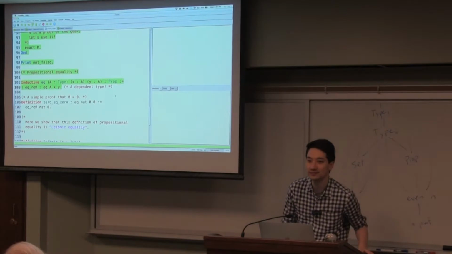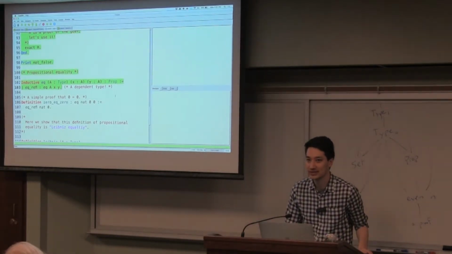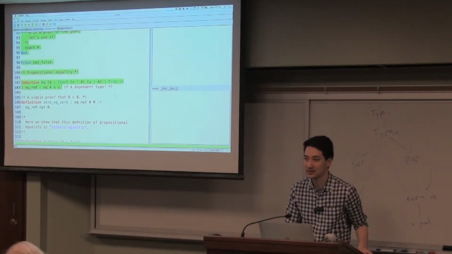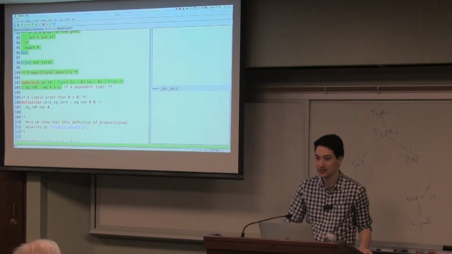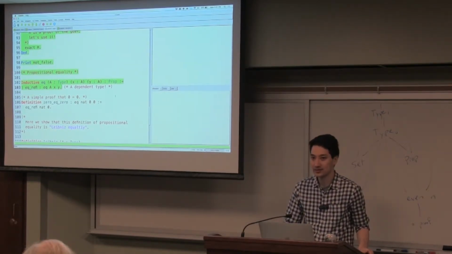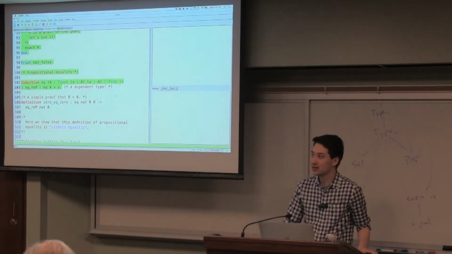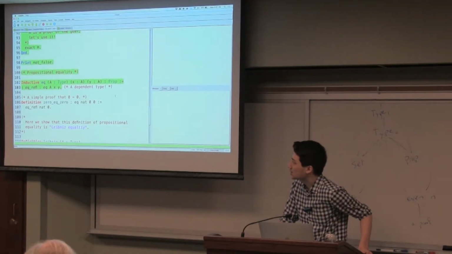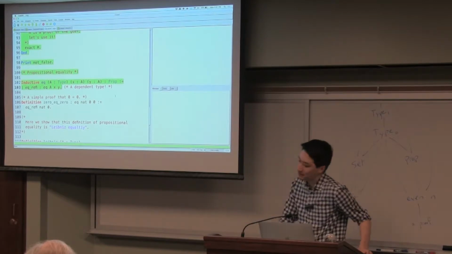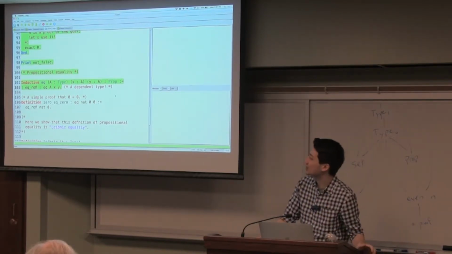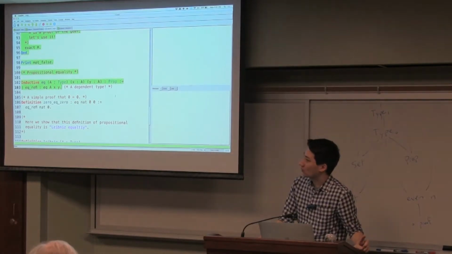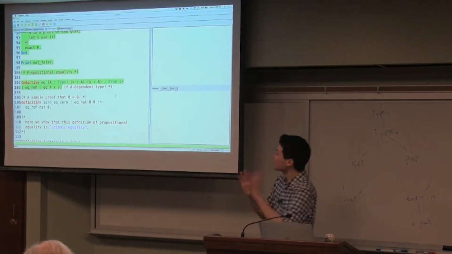How does the difference map onto the calculus of inductive constructions? It seems like in dependent types here, there is no distinction as far as... No, there is a distinction. Okay, let's see.